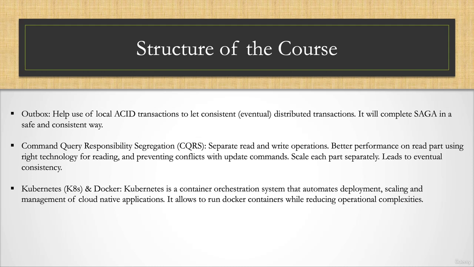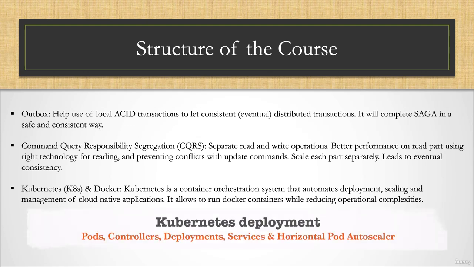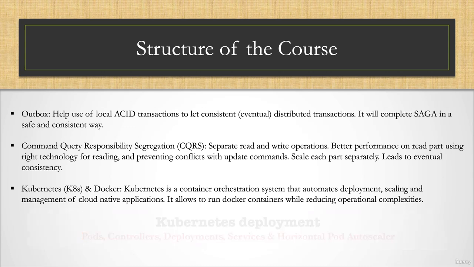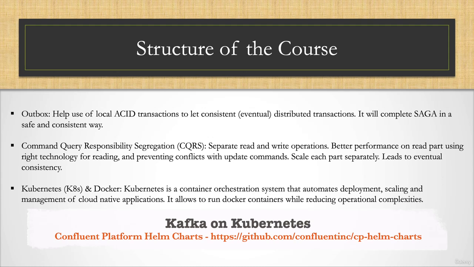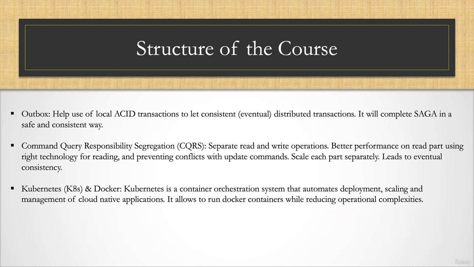Then you will create a local Kubernetes cluster and put your Docker containers in this local cluster. Basically, you will create deployments and services for each microservice and run them inside Kubernetes. To run Kafka in Kubernetes, you will use CP Helm charts. And for microservices, you will create Docker images locally.